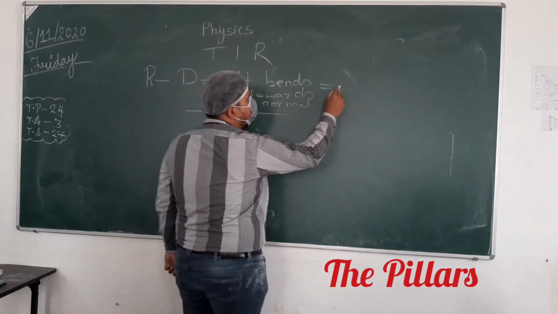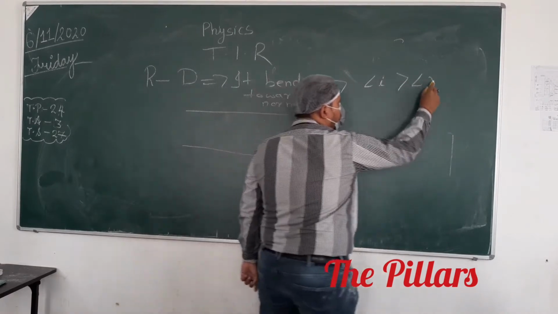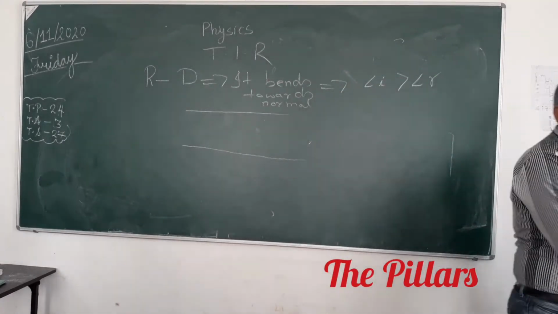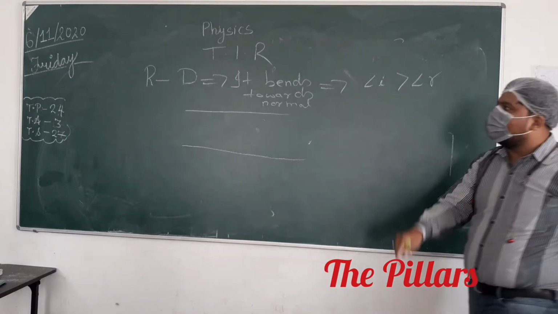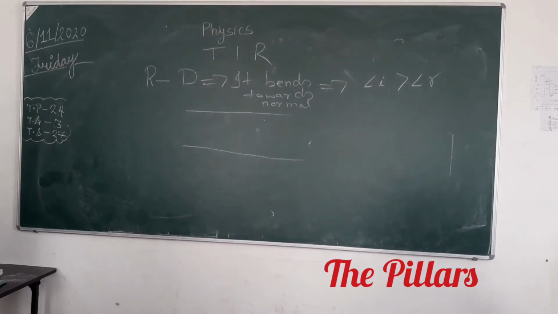It implies that angle i will be greater than angle r. Yes or no? Yes. In all the cases, if light is entering from rarer to denser medium, it will bend towards the normal. It means your angle of incidence will always be greater than the angle of refraction.